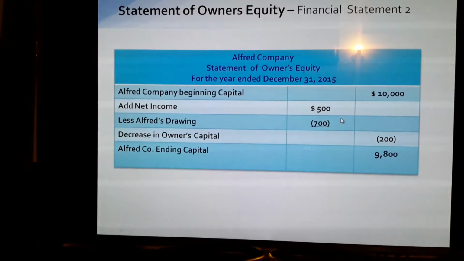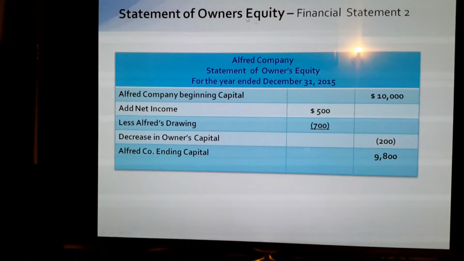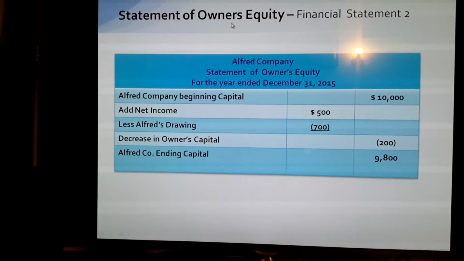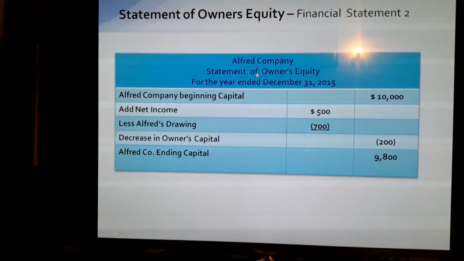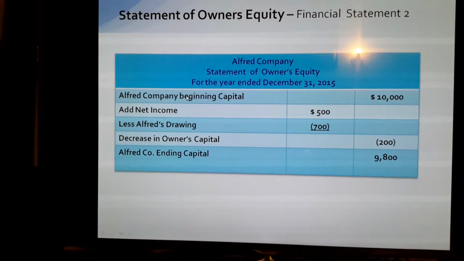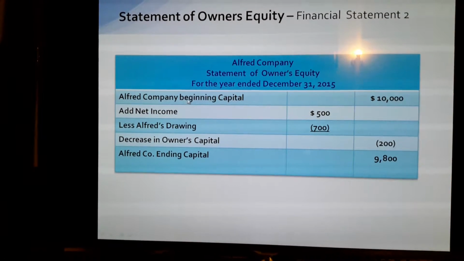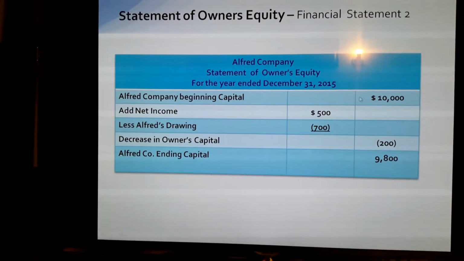Let's go to the next statements. These are statements of owner's equity. In some companies we call it statement of retained earnings. The setting has to look like this. Alfred beginning capital, or you could say Alfred capital January 1st, 2015, is 10,000.